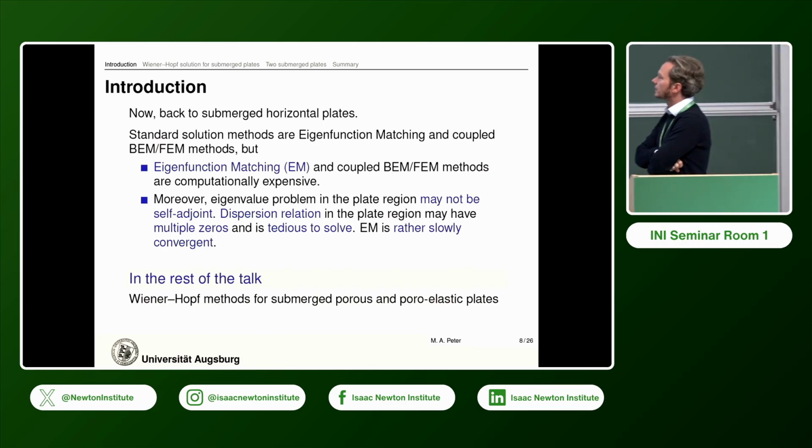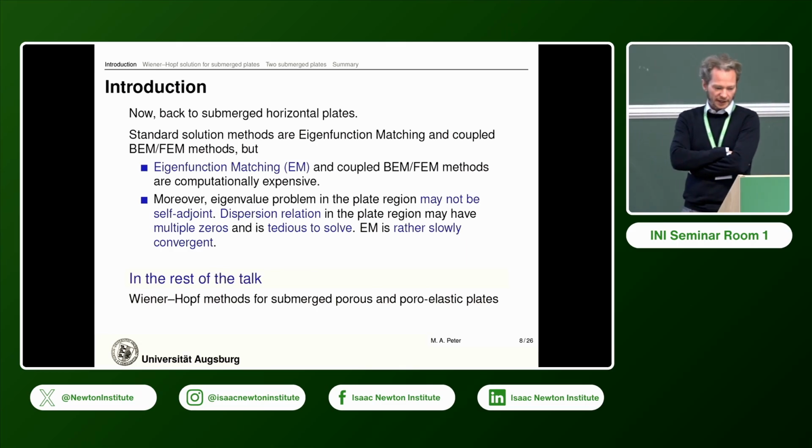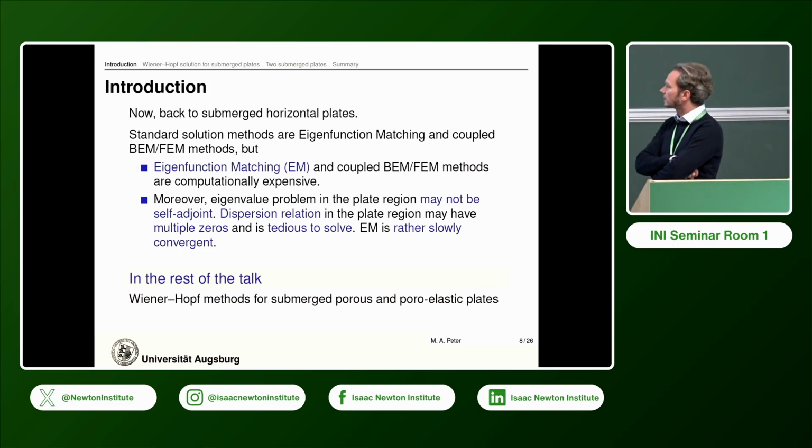Okay, so there are different solution methods, quite standard. Most prominent probably eigenfunction matching, or you can use numerical methods if you want to. You can use coupled boundary element, finite element methods, and generally they work all right. But typically they are computationally expensive.